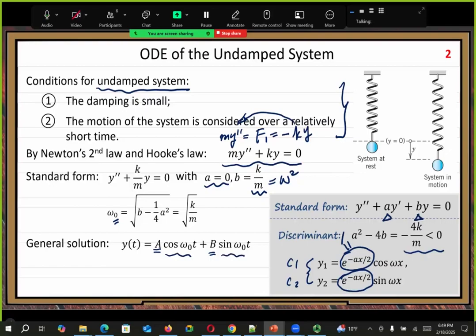So that's the general solution. Then to find the constants capital A, capital B, you need initial conditions. Two initial conditions, so you can determine capital A, capital B.